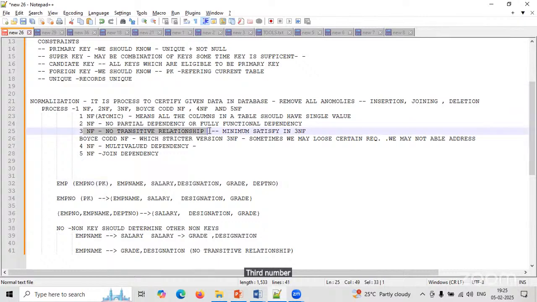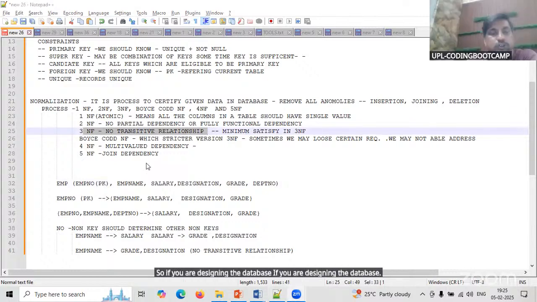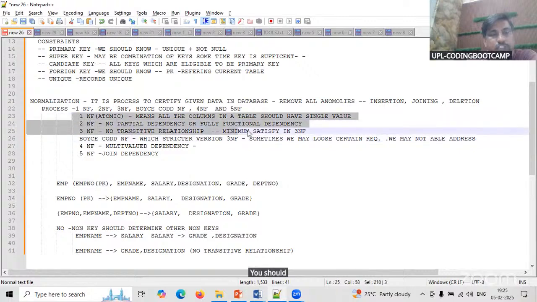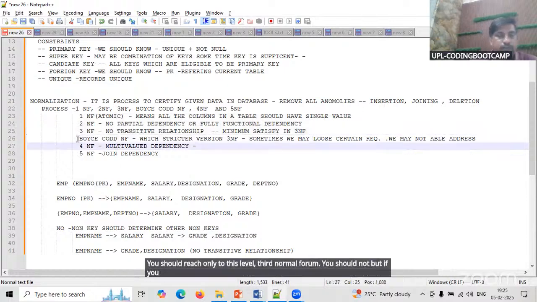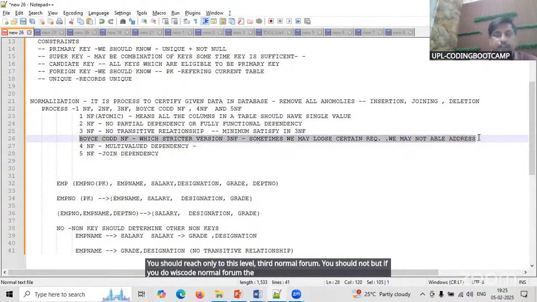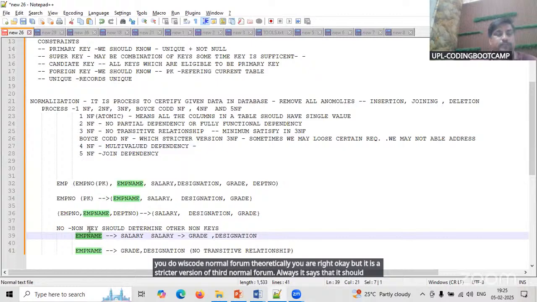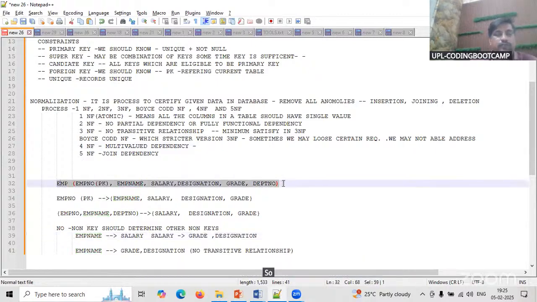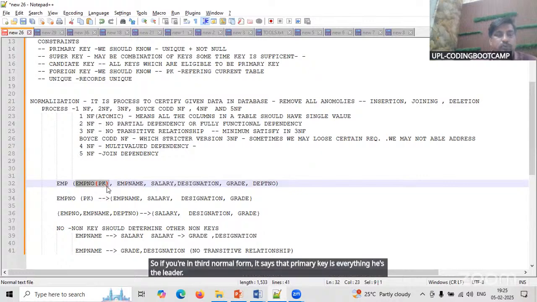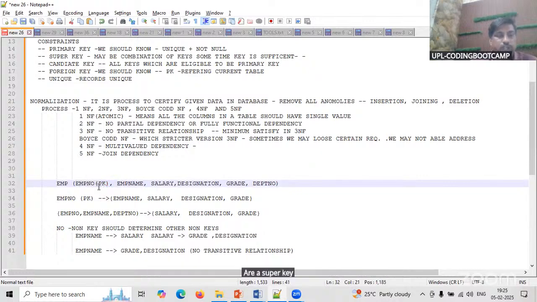If you are designing the database, you should reach only to this level, third normal form. Boyce-Codd normal form, theoretically you are right, but it is a stricter version of third normal form. It always says the determinant should be a super key. In third normal form, the primary key is the leader, or a super key, so unique.